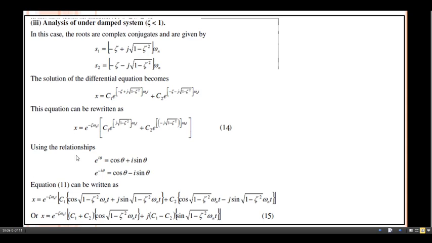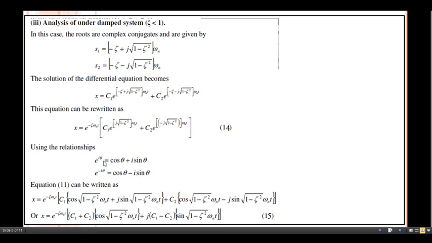Now using the relationships, e raised to j theta, equals cos theta plus j into sin theta, and e raised to minus j theta equals cos theta minus j into sin theta.